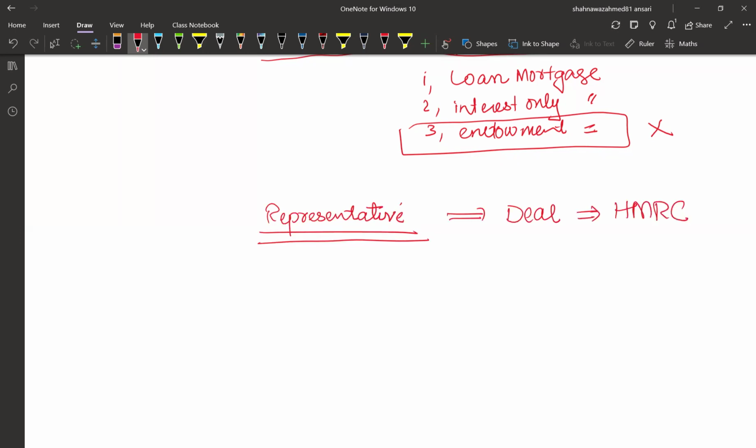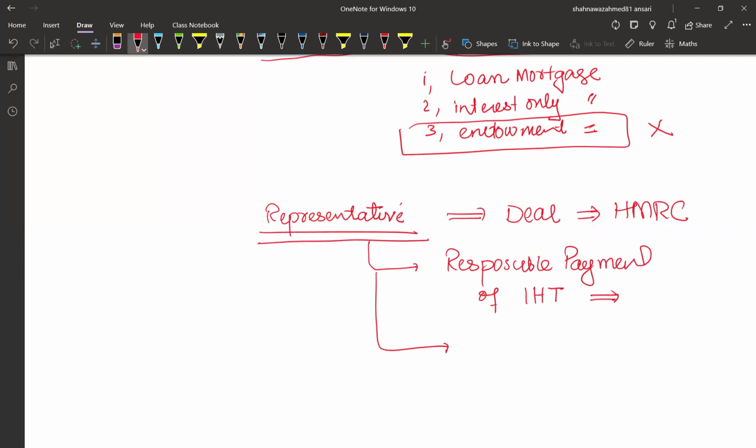That means this particular person will be responsible for payment of IHT on the death estate. But the IHT is the ultimate responsibility of the residual legatee. So who will suffer this IHT on the death estate? This will be the residual person.